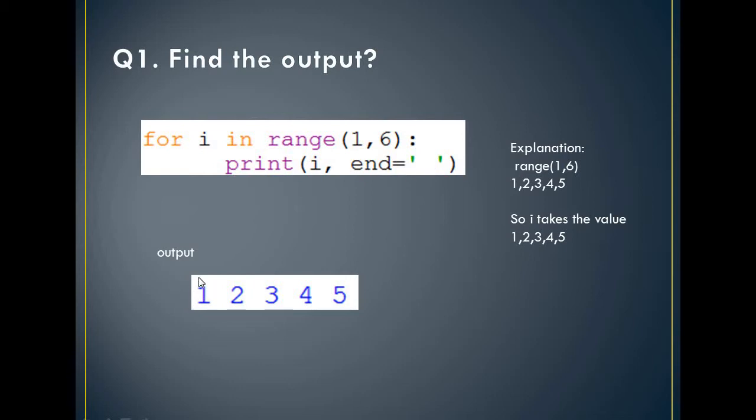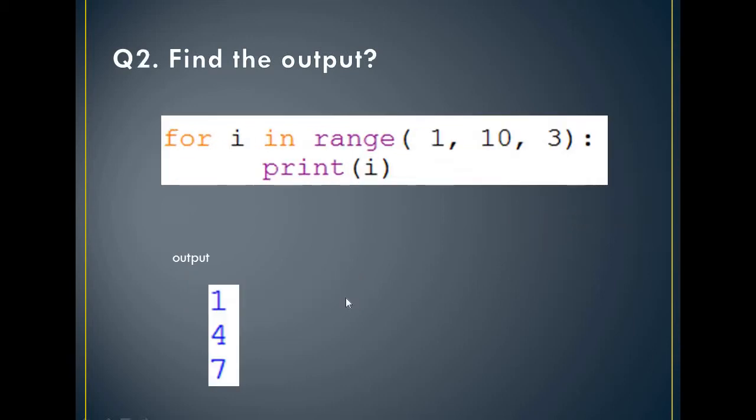That means after printing the value of i, it puts one space and moves to the next one, so that we will get the result in a single line. In the second iteration i takes the value 2, so it displays it, again putting one space character. Similarly, the loop will iterate till 5. So the output is 1 2 3 4 5.